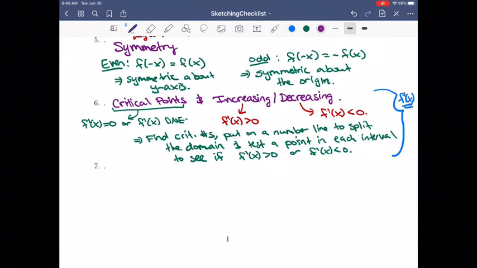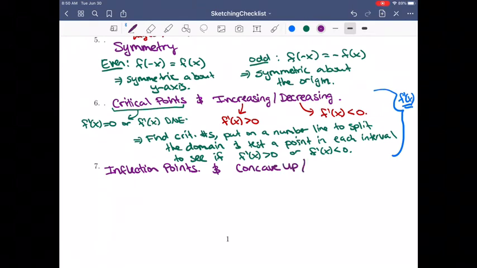Okay, now for number 7, we're going to be looking at the second derivative. So we want to find all our inflection points, and we want to know where it is concave up or concave down.